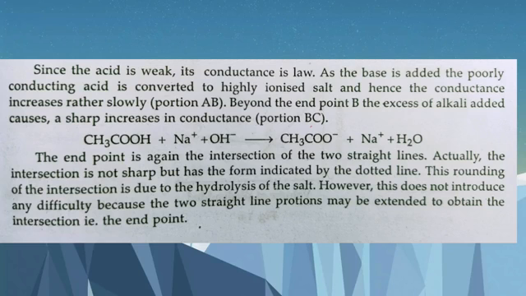This rounding of the intersection is due to the हाइड्रोलिसिस ऑफ द सॉल्ट. जो सॉल्ट बनेगा उसका हाइड्रोलिसिस होगा, है ना, इसके वजह से ये आपको दिखाई दे रहा है. However this does not introduce any difficulty because the two straight line portions can be extended to obtain the intersection. मतलब जो दो स्ट्रेट लाइन उसको अगर हम एक्सटेंड करते हैं तो इंटरसेक्शन हमें मिल जाएगा, and that is nothing but your end point.